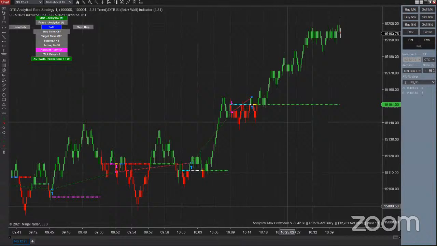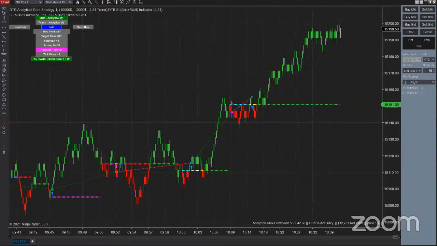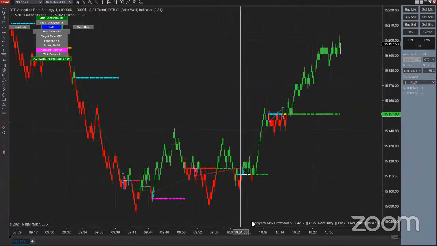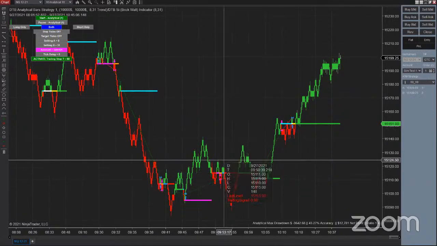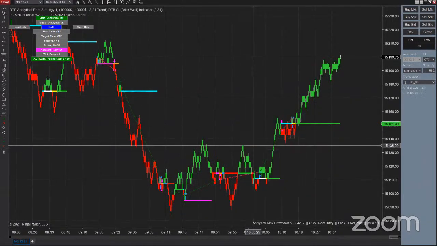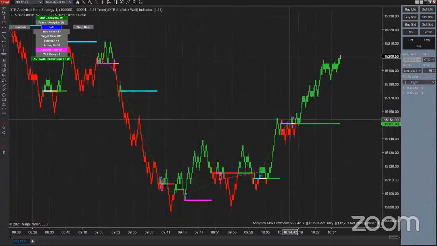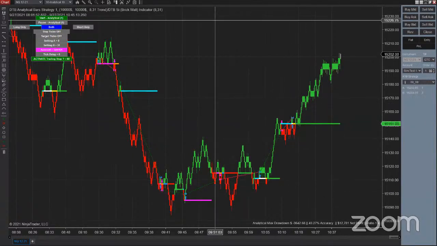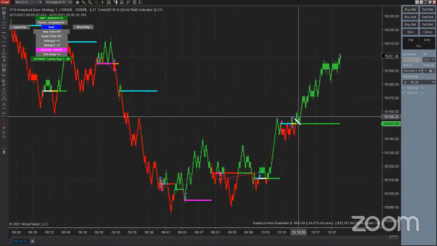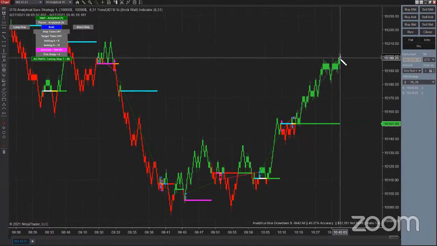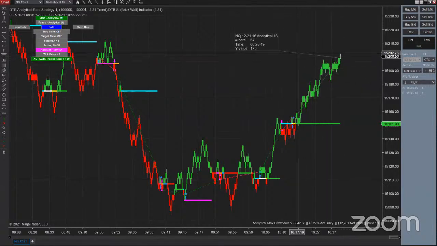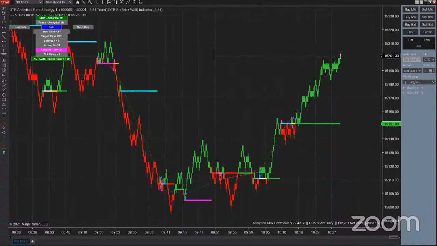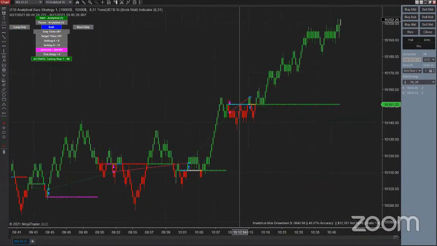So you can look at a few different options when working with the analyzer. Like obviously today, the 16 bar, if you were doing that optimization and you saw those results, you would have been running that, and you would have actually been in a $2,000 day, and you would still be in another position that is up 175 ticks, because that's the last entry of the strategy that's currently running and will exit at 10:45.